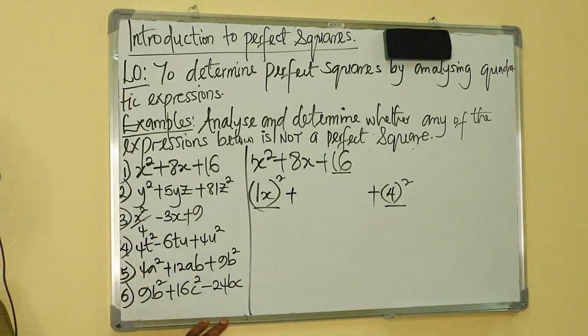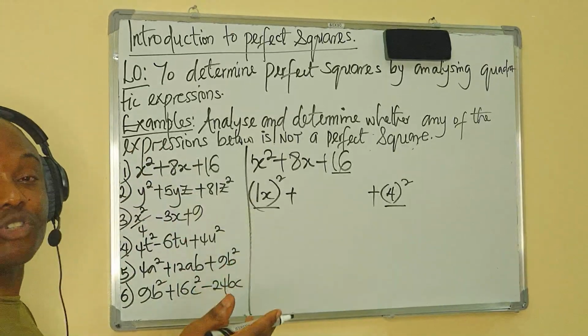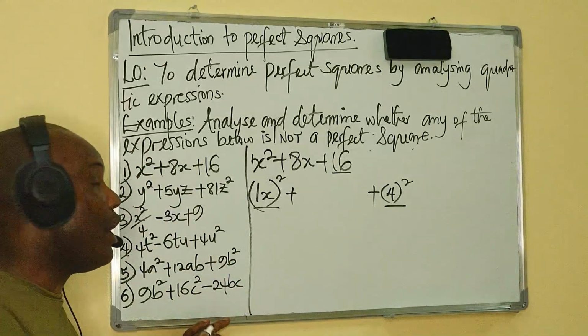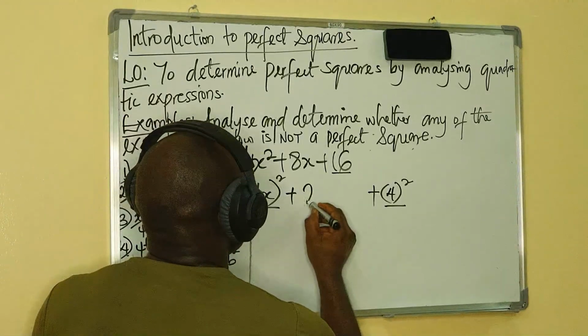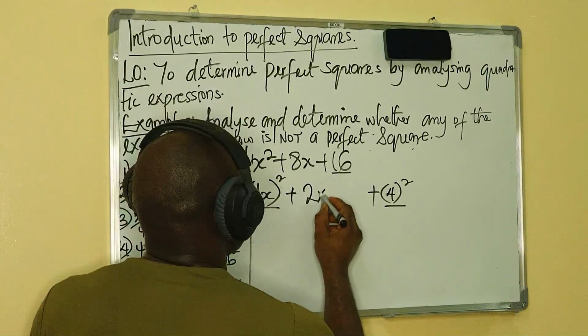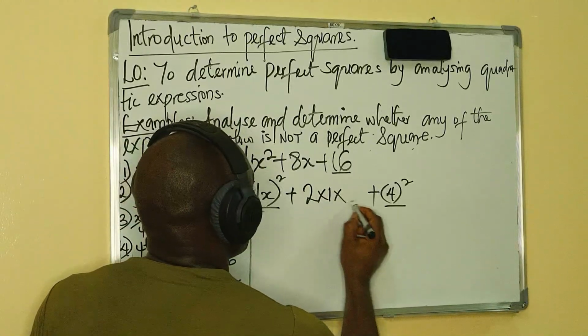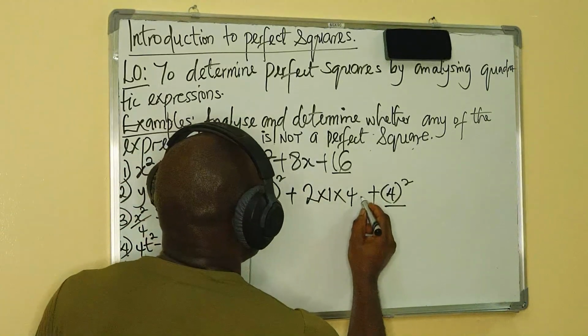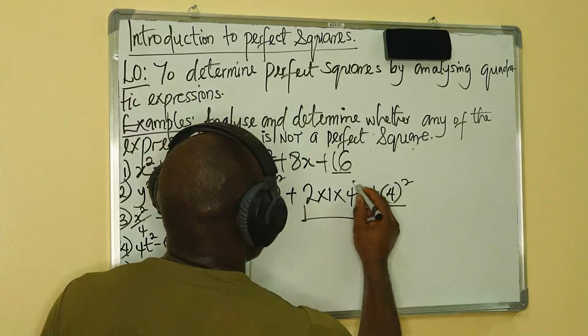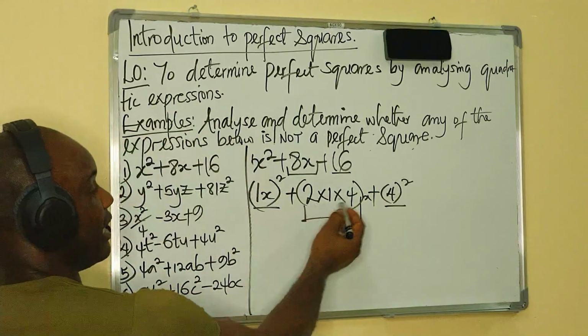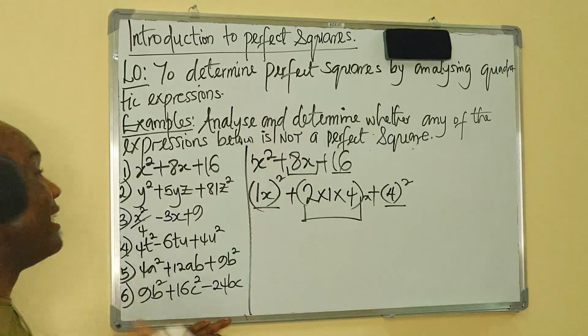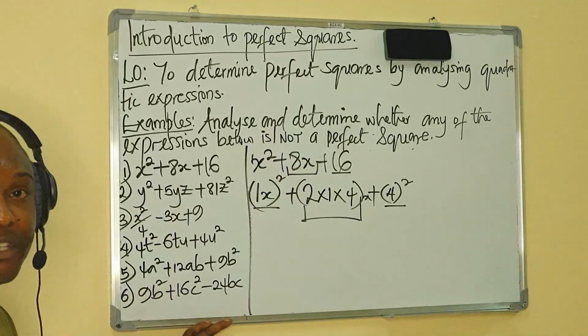But what about the middle term? In the first demonstration I gave to you, for an expression to be a perfect square, it has to meet up with 2, multiply the coefficient of x here, which is 1, then multiply c, which is 4. This must be able to give us the value of the middle term. So let's check. If this gives us the value of the middle term, then it means that this expression is a perfect square.